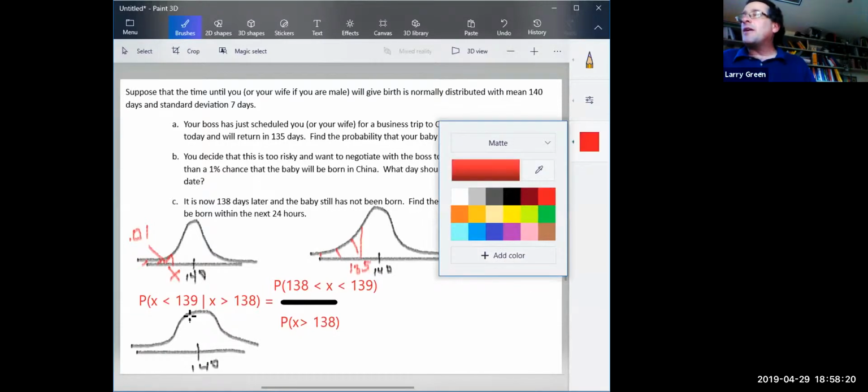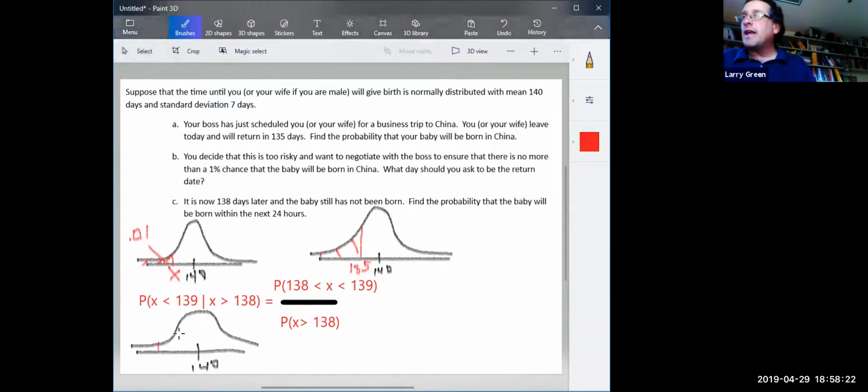And for the numerator, we want to be between 138 and 139. Sorry if my writing's not very good, but hopefully you can, I'll say it, between 138 and 139. That's an awful 3. That might be better.